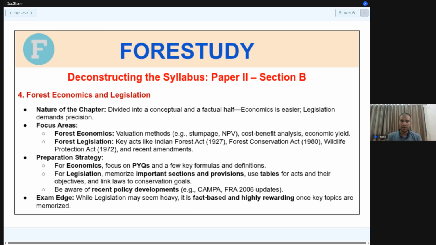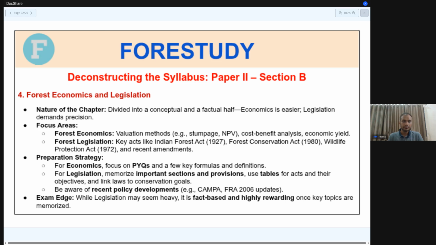If it is very heavy for you, then prepare some 5 to 6 relevant sections. But if you can, prepare the sections, because many times they have directly asked about the sections only.